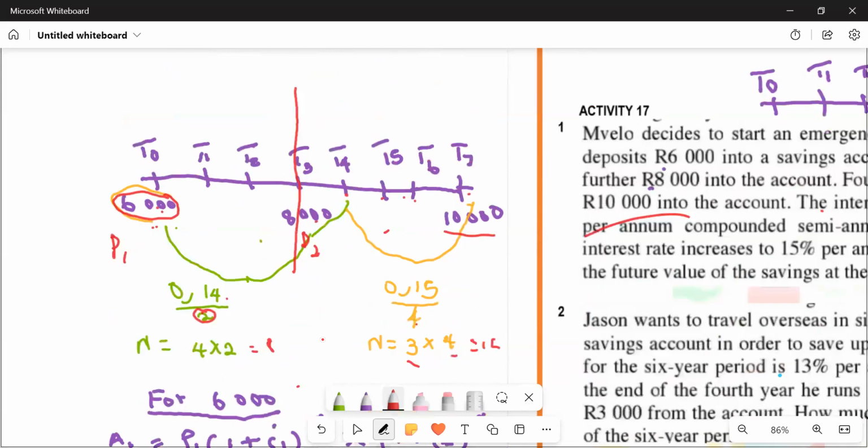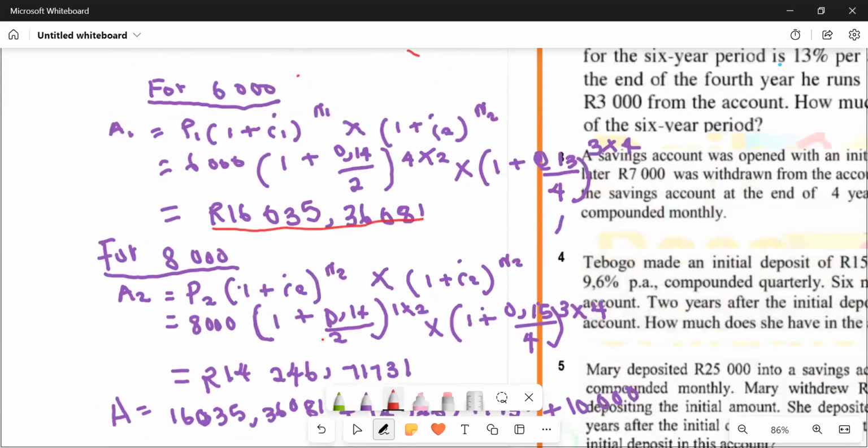We have 8,000 accumulating at 0.14 for only 1 year, which is 1 multiplied by 2 because it's semi-annual. And then this one is 0.15, 3 multiplied by 4, compounded quarterly. And then we get 14,000.